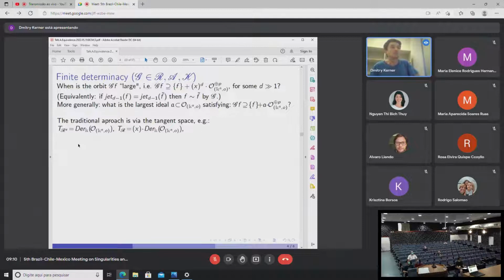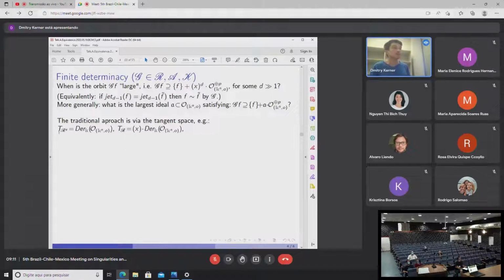For example, if your function is a scalar function, then here you will have partial derivatives, and you will get the Jacobian ideal. This is the extended tangent space, with all the possible derivations. Sometimes we take the tangent space, which consists of those derivations, or vector fields, that vanish at the origin.